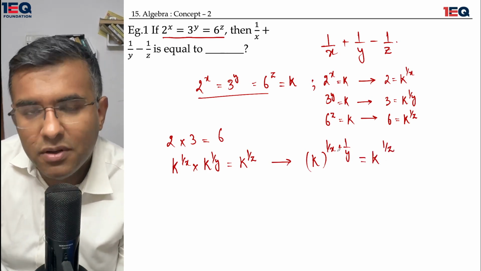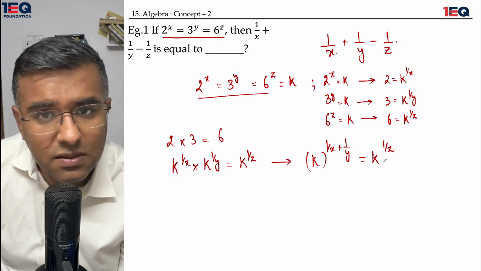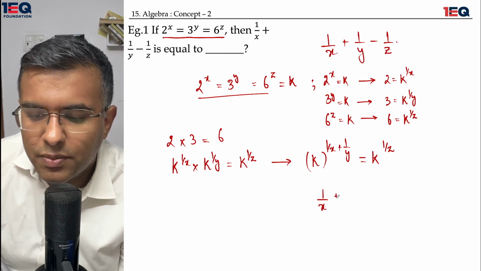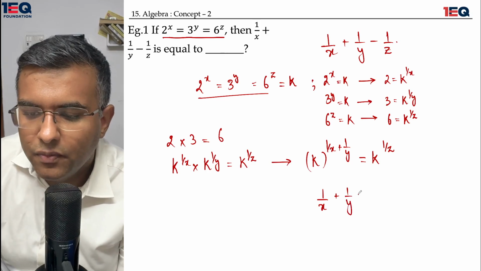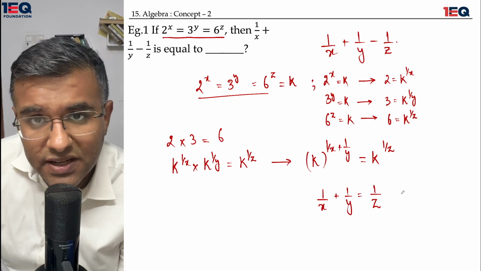As the bases are same, I can conclude that 1 upon x plus 1 upon y is equal to 1 upon z. Can this be concluded, yes or no?